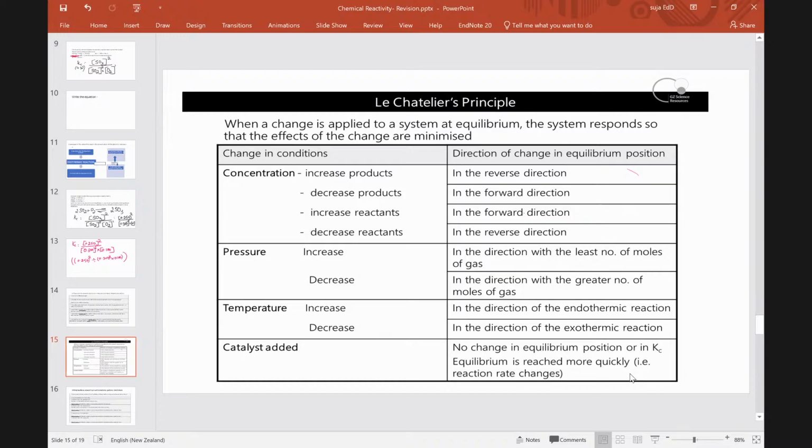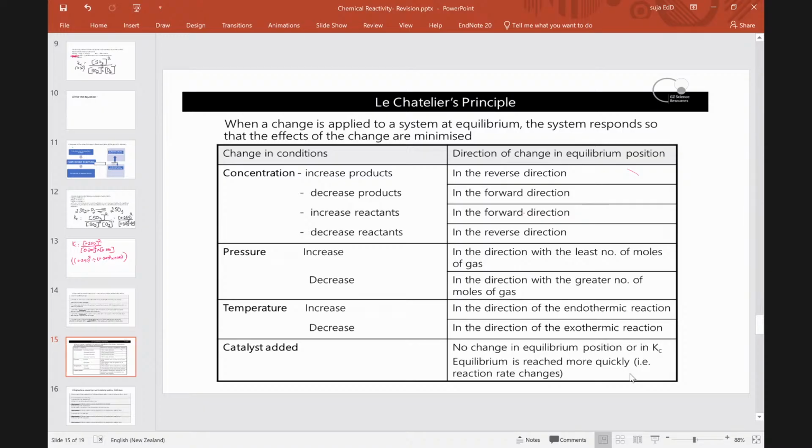And this is only for a short time, with respect to concentration or pressure. But if the temperature is changed, increase or decrease, depending on whether it is endothermic or exothermic, your directions will change, what is favored.